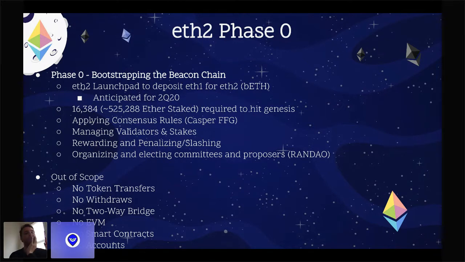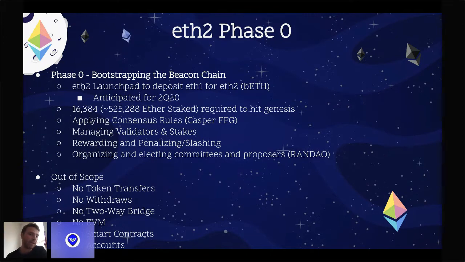For phase 0 itself, let's talk about a threshold that currently exists and has been talked about. Right now, to hit Genesis, we need 16,384 validators in the system, which at 32 ETH per validator, which is the requirement, results in a little bit over 500,000 Ether staked in the network for Genesis to get started.